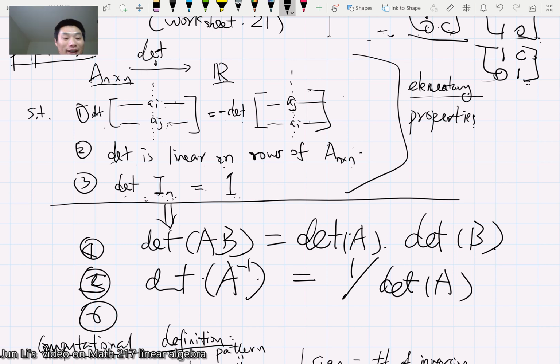Actually, there is another reflection of this property: the determinant of A does not equal 0 if and only if A is invertible.